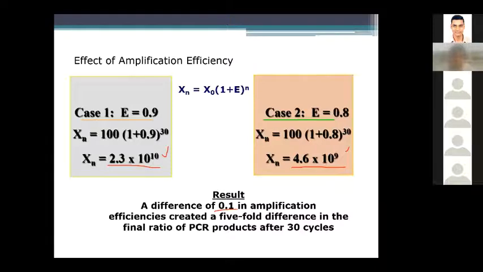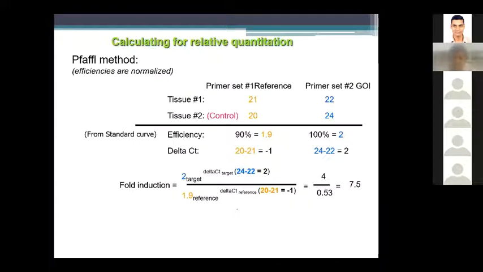So before going to a gene expression experiment, you must identify the primer efficiency of each primer, and after that go for calculating the result.